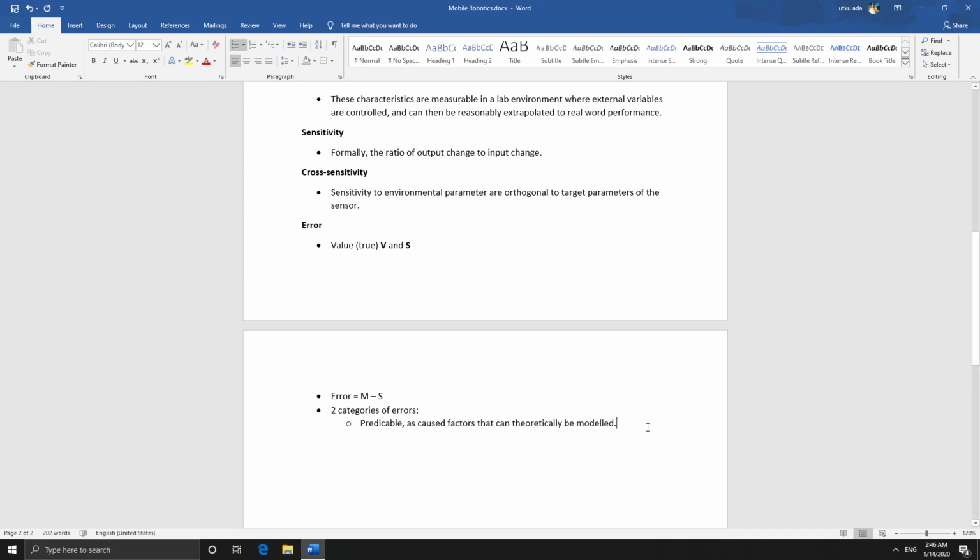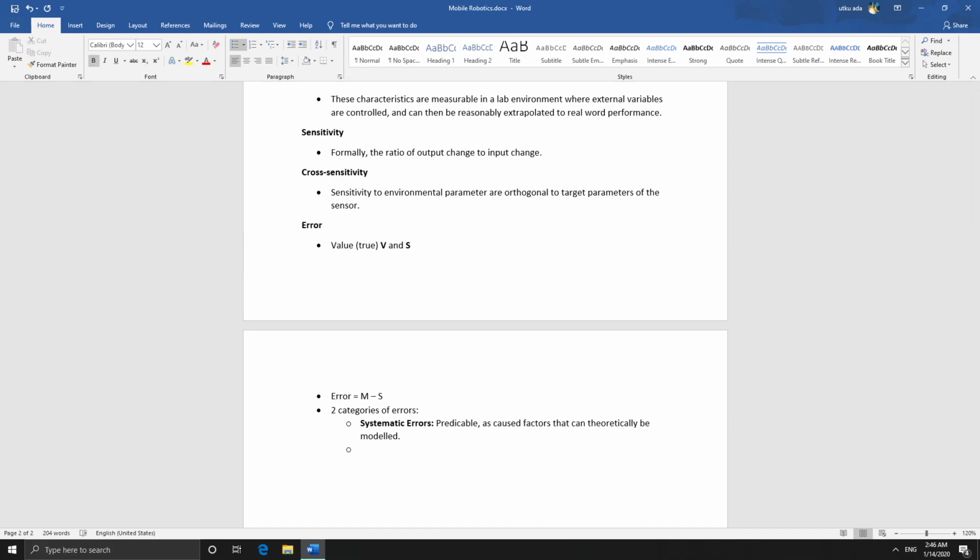Let me just add the systematic error here. And again, they're predictable because they're caused by factors that can theoretically be modeled.